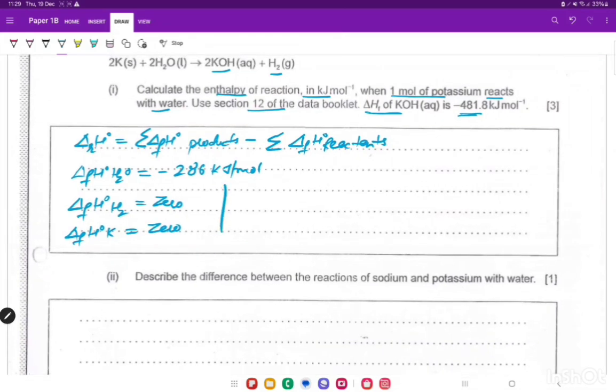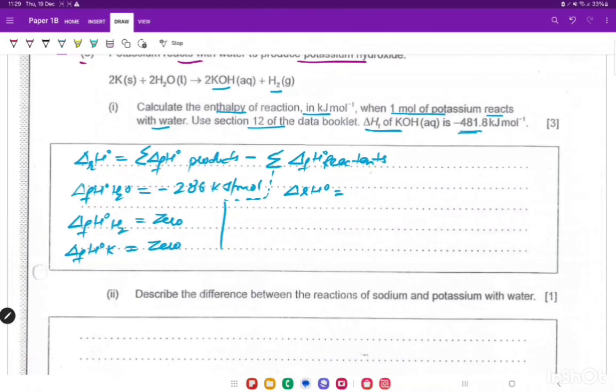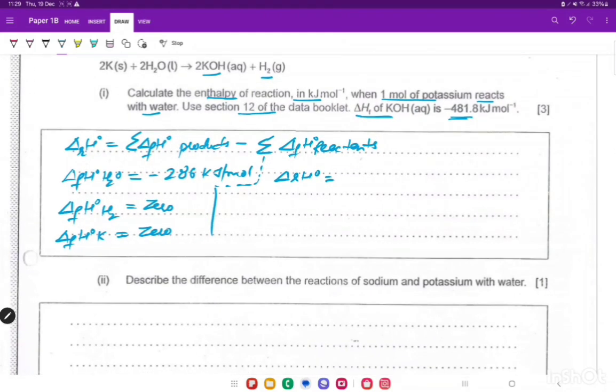Putting the values in this equation, ΔHr° equals the summation of the enthalpy of formation of products, 2 KOH, which is 2 times minus 481.8, plus 0, which is the enthalpy of hydrogen.